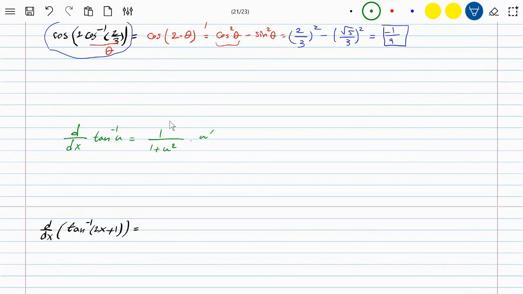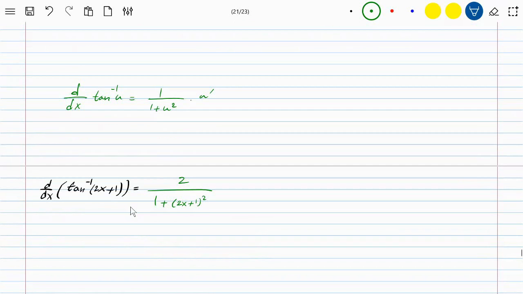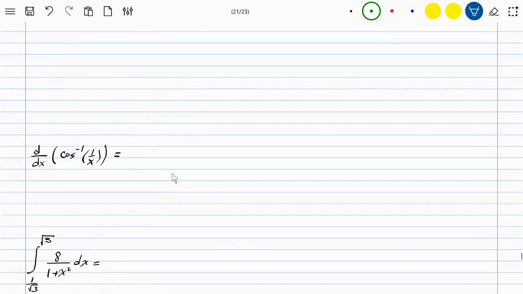We get the derivative of tan inverse of 2x plus 1 would be 1 divided by 1 plus (2x plus 1) squared, multiplied by the derivative of 2x plus 1, which is simply 2. So this is simply 2. So you can write that 2 times this, or you can move it to the numerator and say 2 times that. I recommend doing it step by step just to avoid making mistakes.